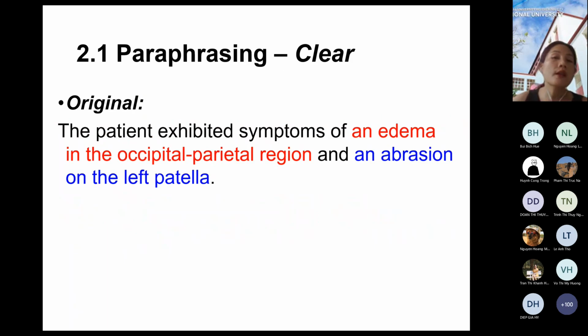And the second one is clarity. Clarity is the gateway standard, isn't it? We learned that already. So when we restate information, if the original is unclear, we need to make it clear to the audience, the listener, or the reader. So let's look at this example. You will see that I highlighted something in red and also in blue.